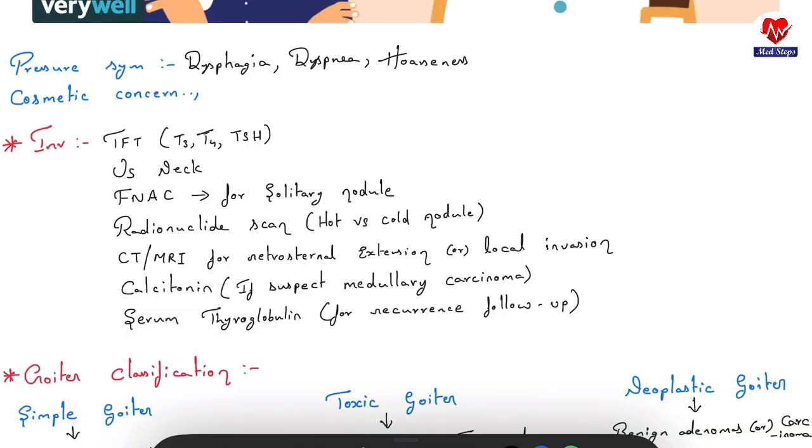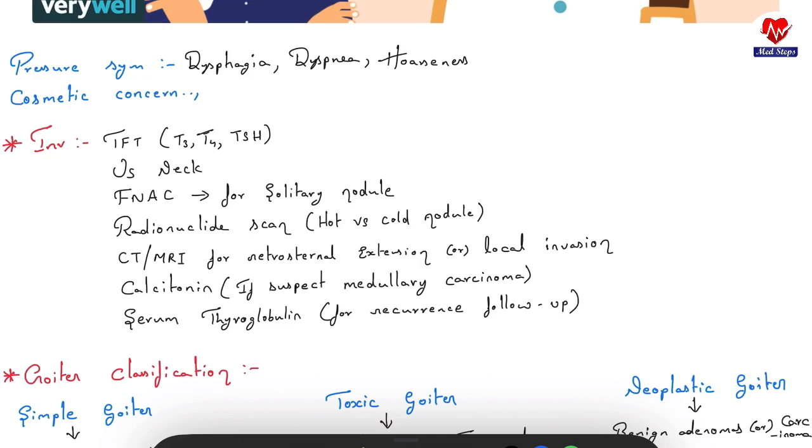So next we have diagnosis. The diagnosis will be step by step. If any patient comes with thyroid swelling or enlargement, we go with thyroid function tests, checking T3, T4 and TSH, and ultrasound neck. This is the main investigation of choice. Next, the gold standard is fine needle aspiration cytology, FNAC, which is very important. FNAC is the most important diagnostic test for thyroid nodules.